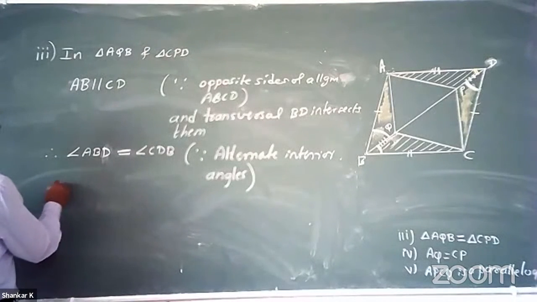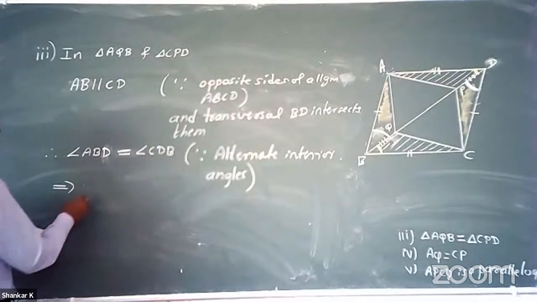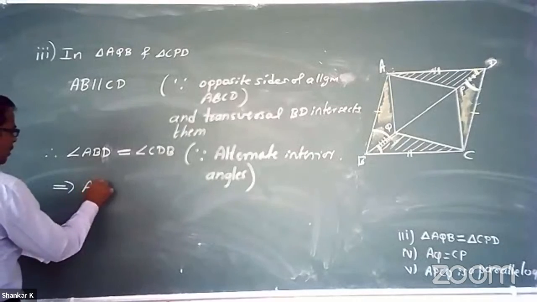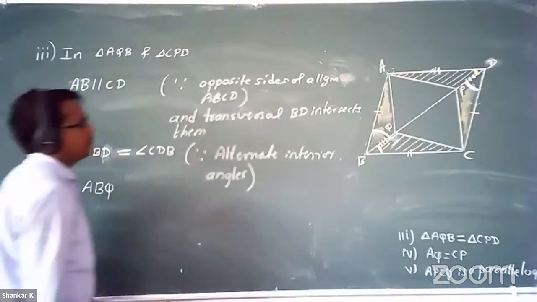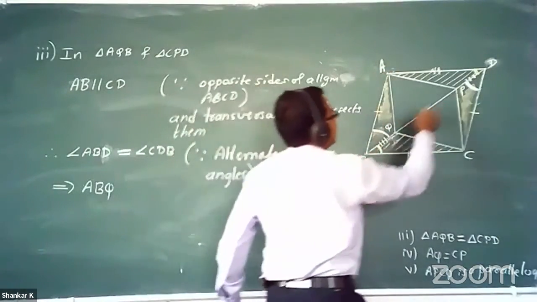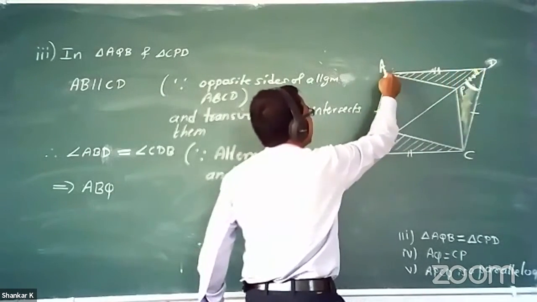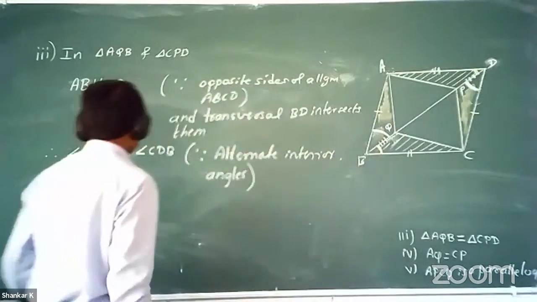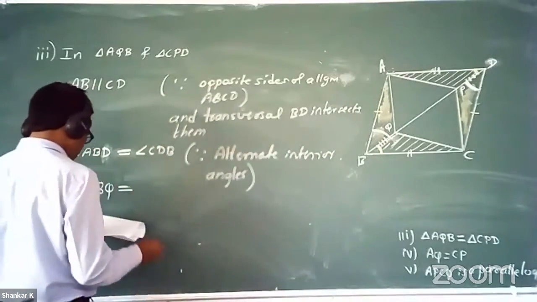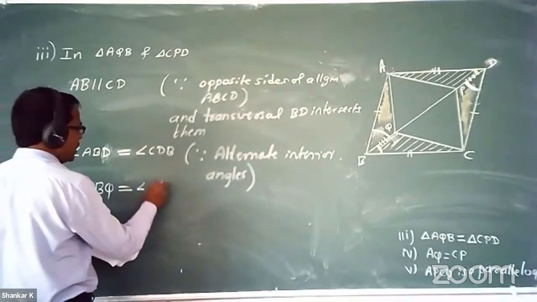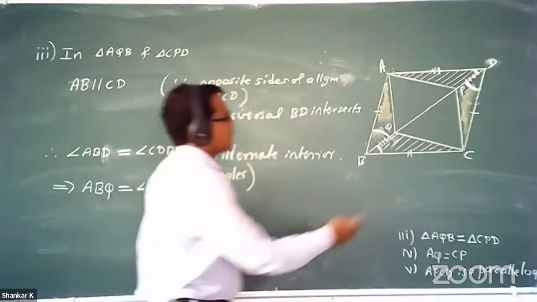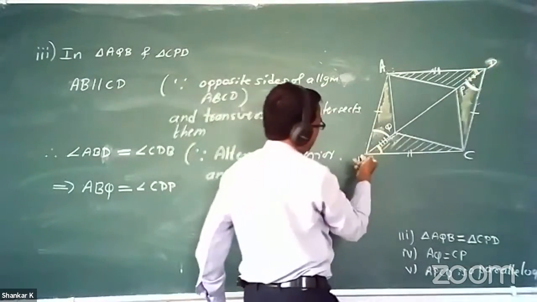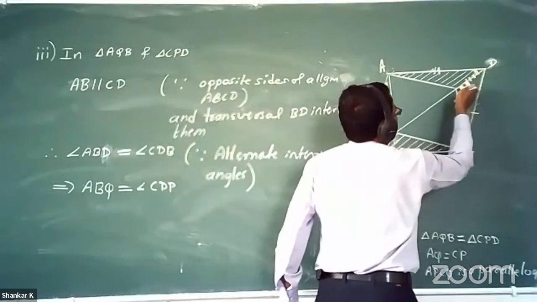Now, this implies angle ABD, where is ABD? Instead of this much, I write angle ABQ. That is equal to angle CDP. Instead of writing CDB, we will write only CDP.